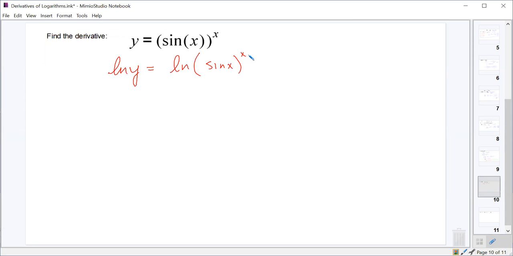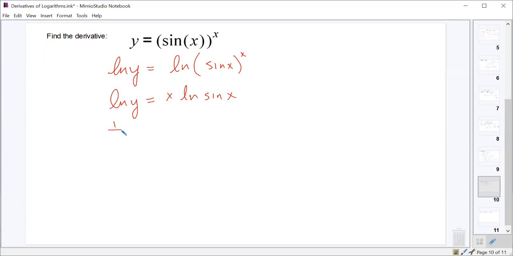And we will take that x and pull it out in front. So natural log y equals x ln sine x. Good or no? Good.